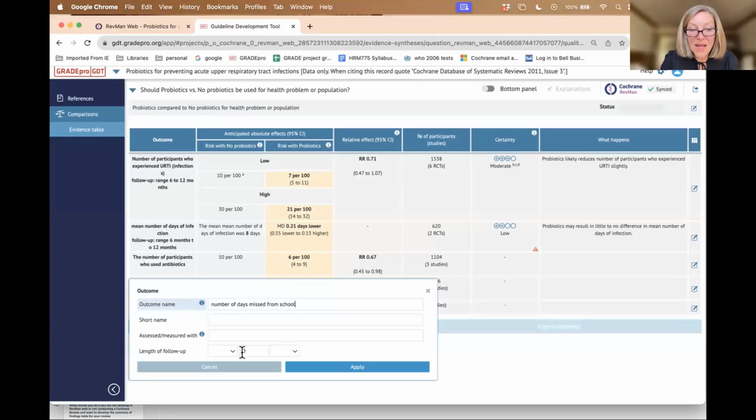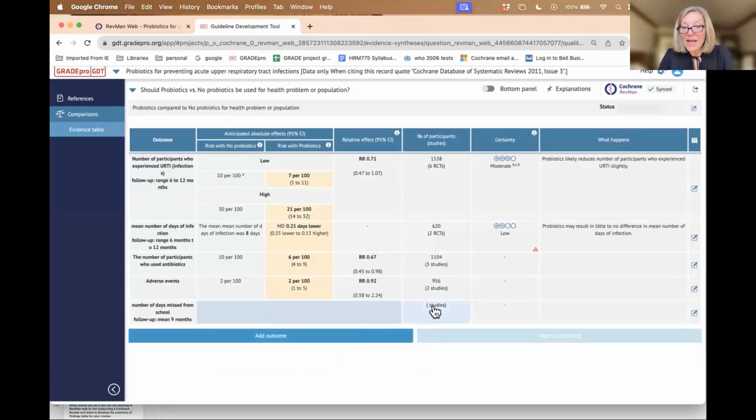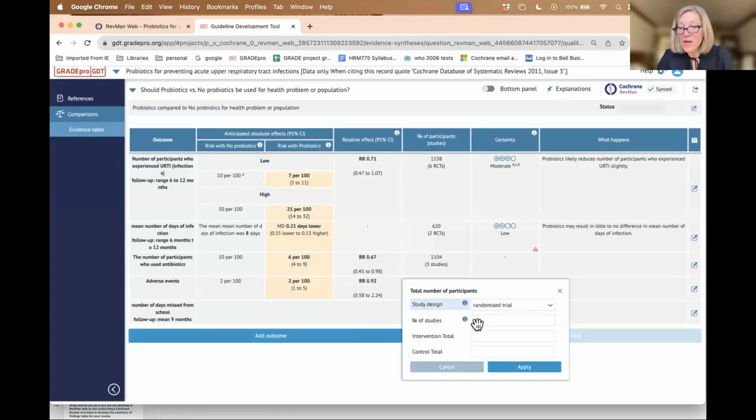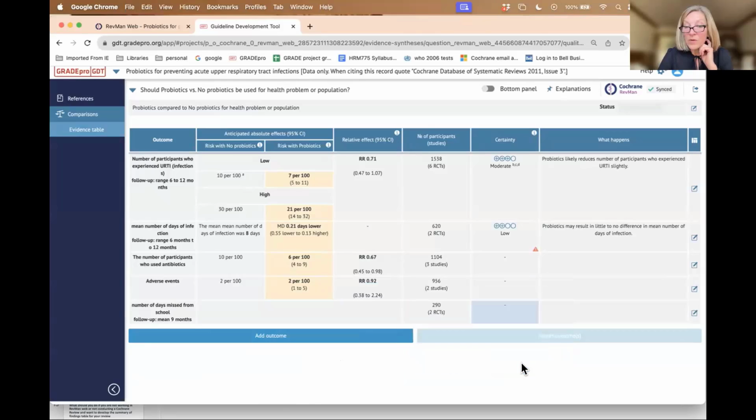I wasn't able to measure that statistically. Again, a mean follow-up might have been 9 months. Fill that in. And I took it from randomized control trials. I just couldn't pool them from 2 studies. And I would actually total the number of people in those studies, because readers want to know that. I can still enter in the number of people from those studies.